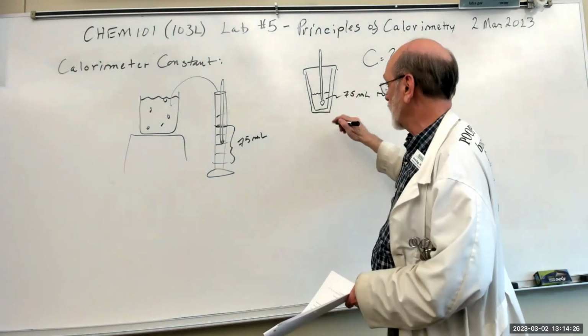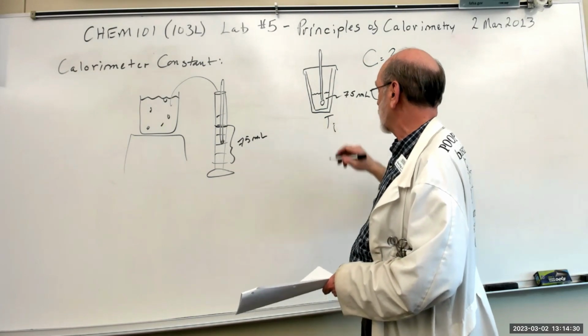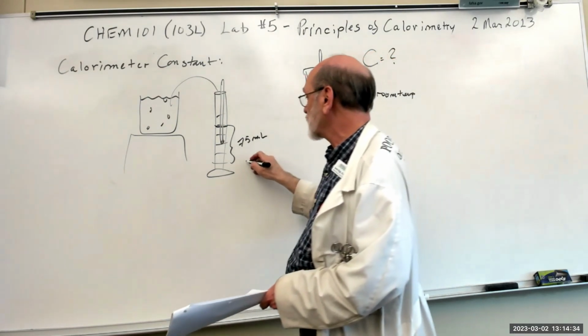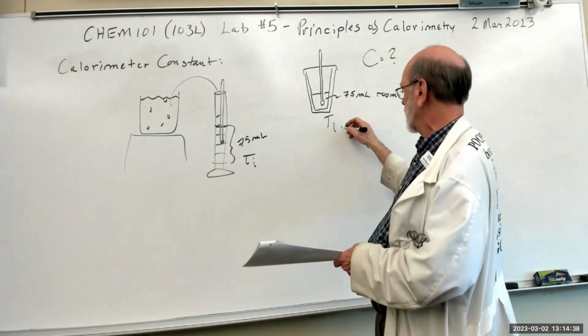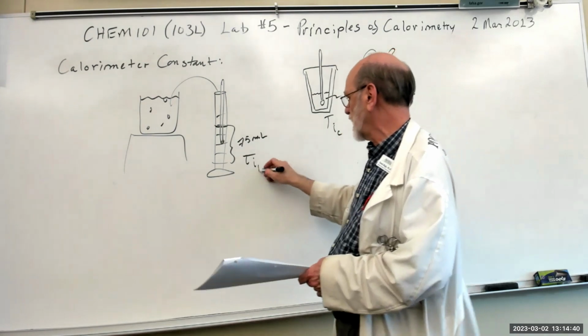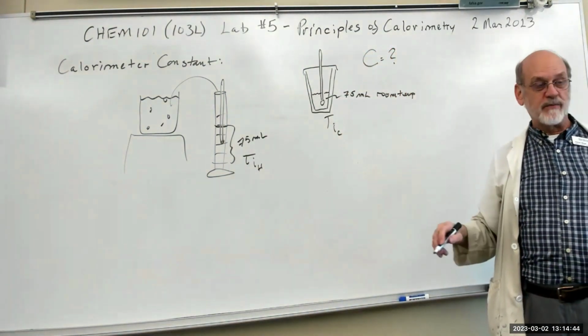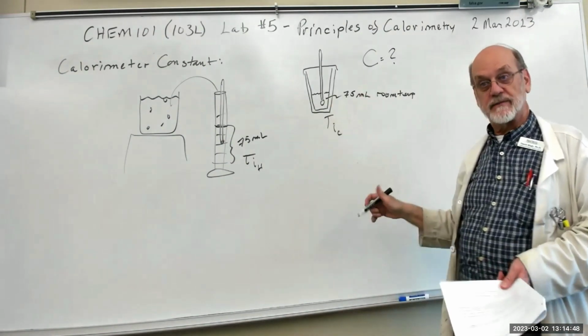So you'll have an initial temperature there for that one, and you'll have an initial temperature here for that one. Right? This will be initial cold and initial hot. Okay. What's the final temperature? Once you mix them together, they're both going to have the same final temperature.